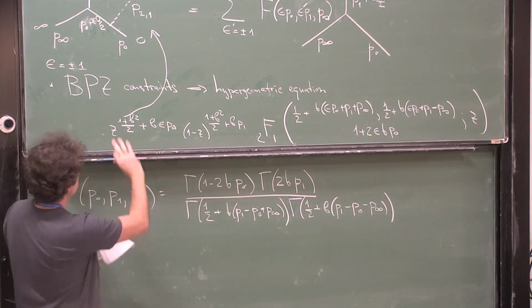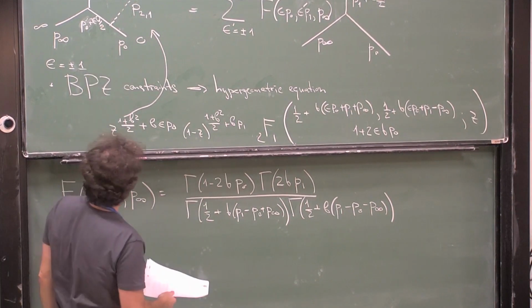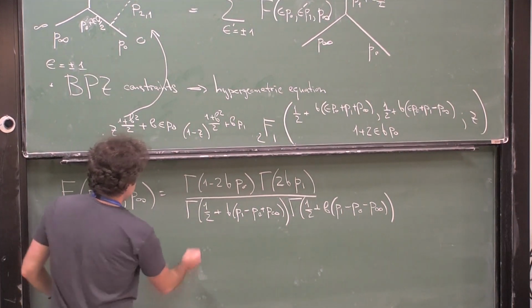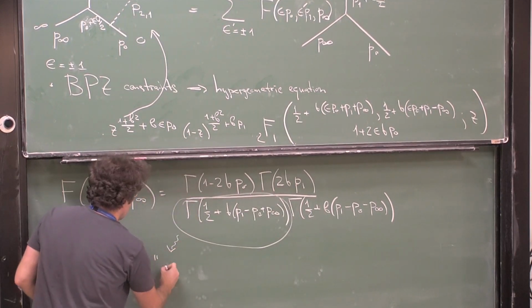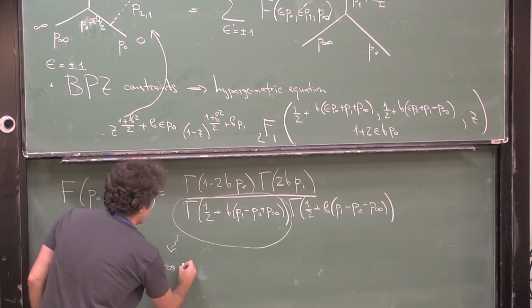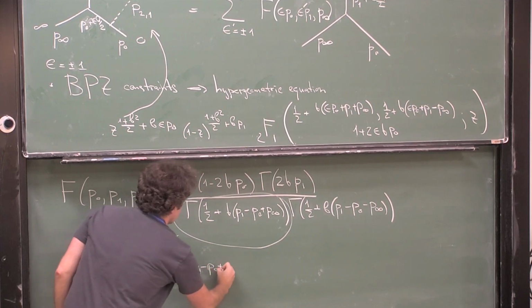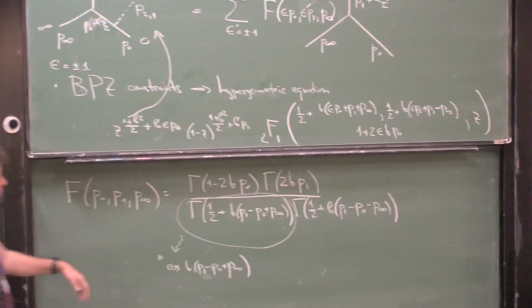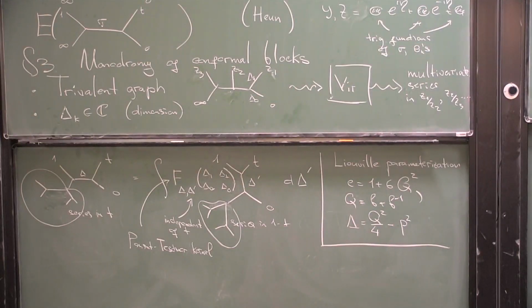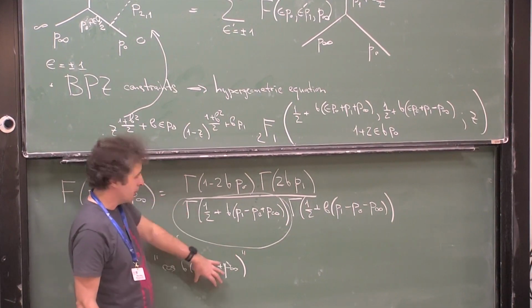So basically I have to introduce some Barnes functions over there, and then expressions like gamma over here will become something like cosine of P1 minus P0 plus P infinity. It will become clear in a moment why I want trigonometry instead of gamma functions. So basically I want these connection matrices to be periodic with respect to momentum.